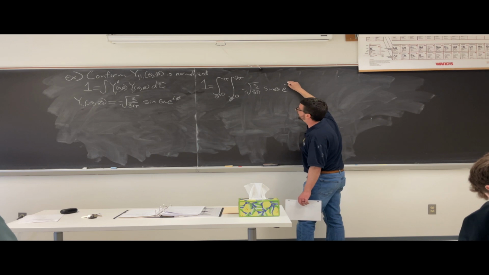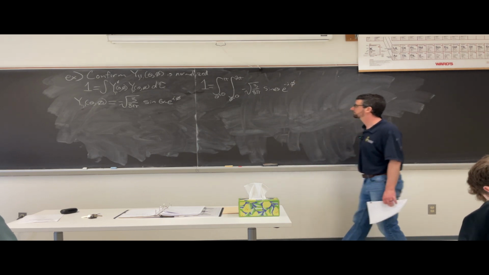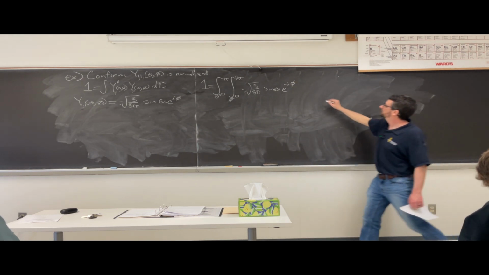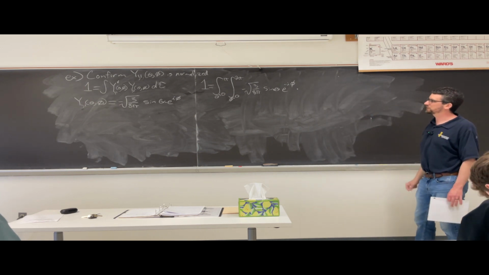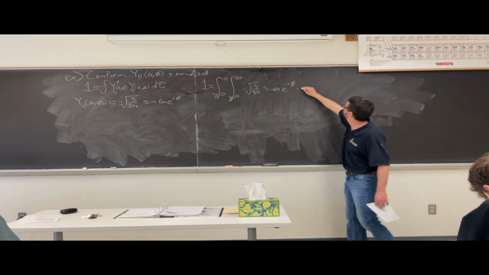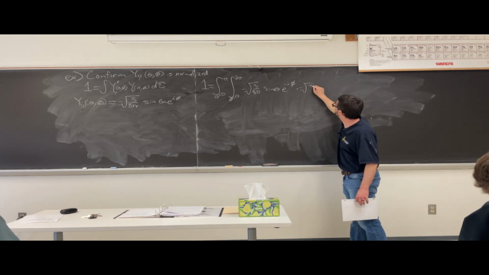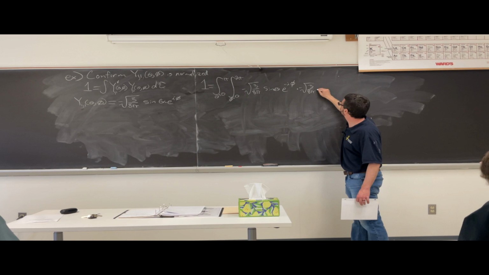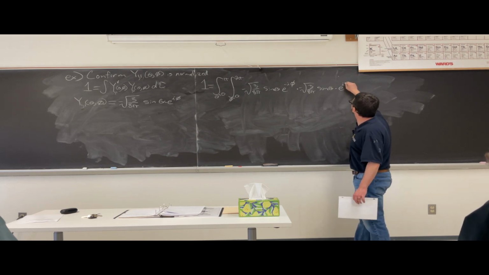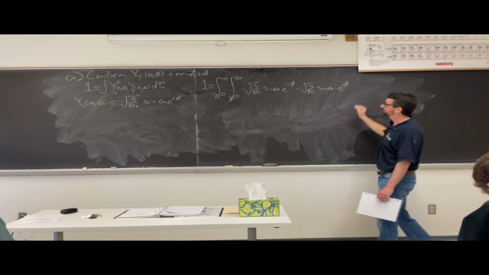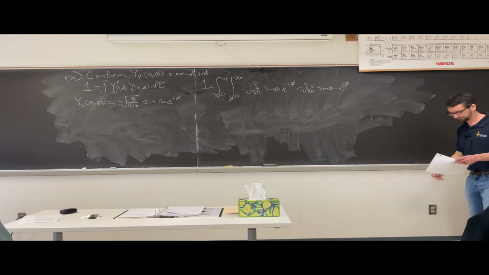E to the negative i phi times. Now we just need the regular function. We can rewrite that out. Okay, what next?